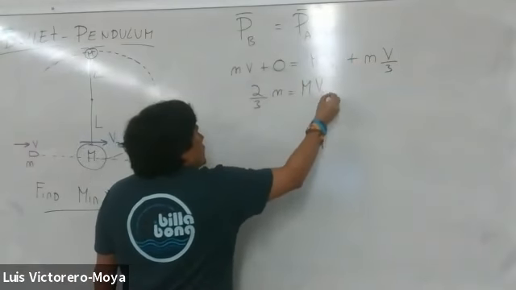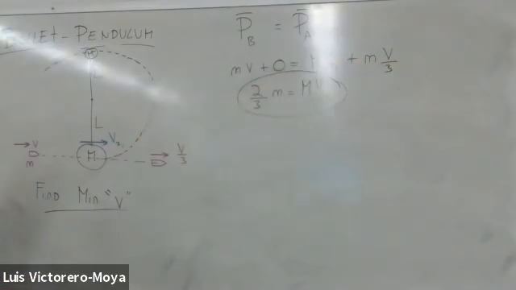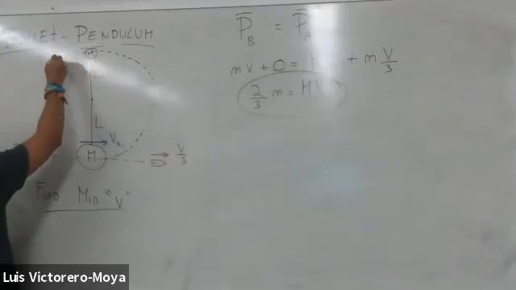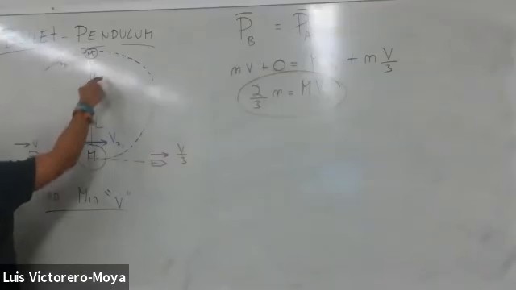I have one relationship. They want the mass to reach the top with a certain velocity, I'm going to call it V2 final, in such a way that it will barely make the loop. There's a keyword there, right? First of all, how do I find V2 final? To find V2 final, we need conservation of energy, because the mass starts from here, this is your point of reference, and will reach a height 2L.